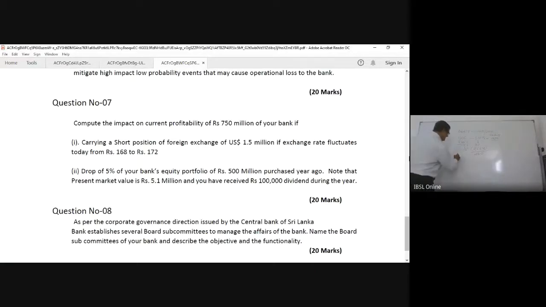And our profitability is 750 million, out of which now we have lost 15.4. So this has dropped to. Is the board clear?